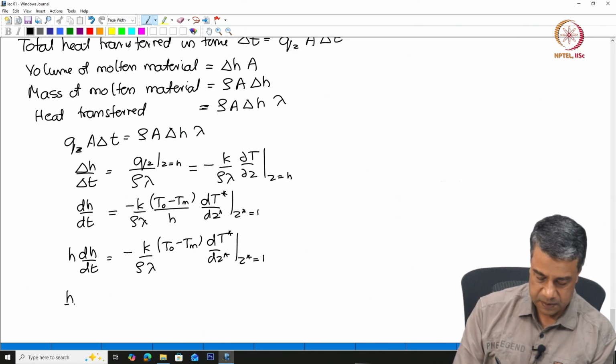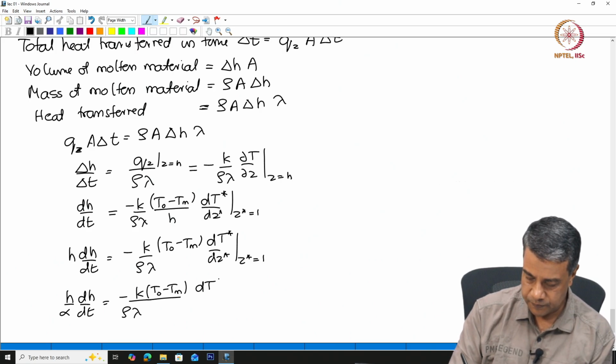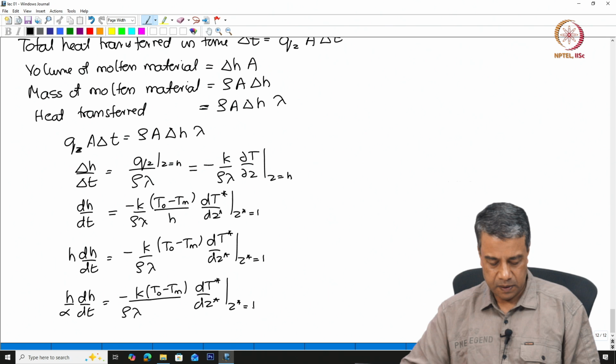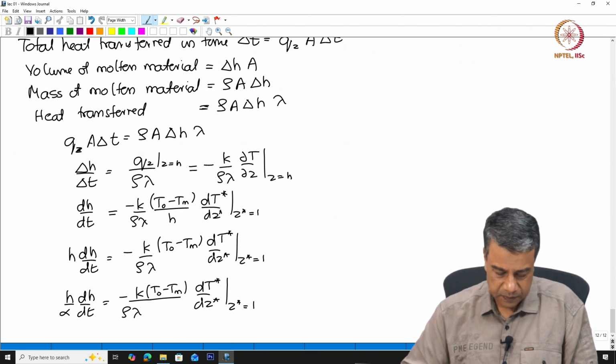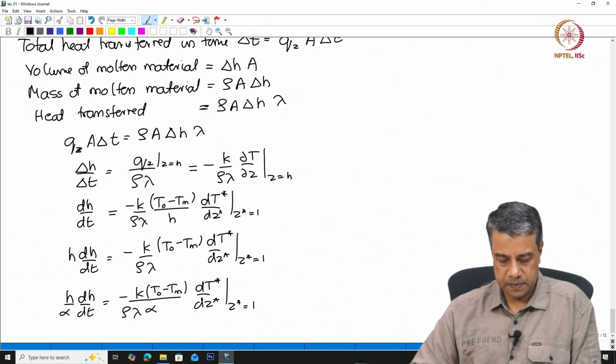H by alpha dh by dt is equal to minus k by rho lambda into alpha here, dividing left and right sides by alpha.